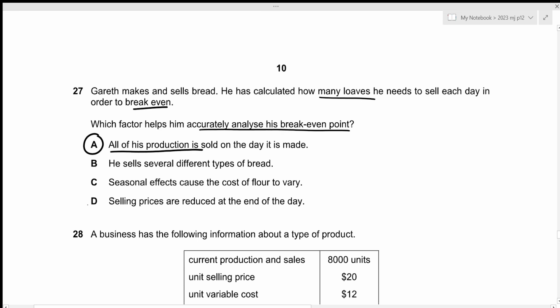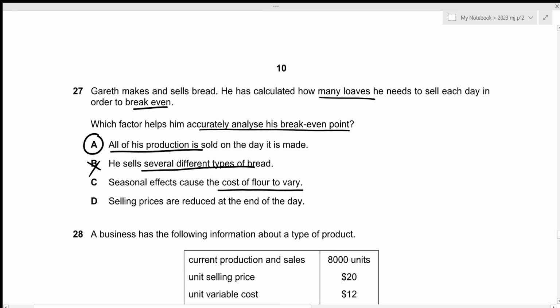Let's have a look at the remaining options as well. He sells several different types of bread. This is incorrect because remember that for break-even point, we utilize marginal costing, and marginal costing can only be done for one particular product. We cannot analyze different products at the same time. The third one is seasonal effects cause the cost of flour to vary.